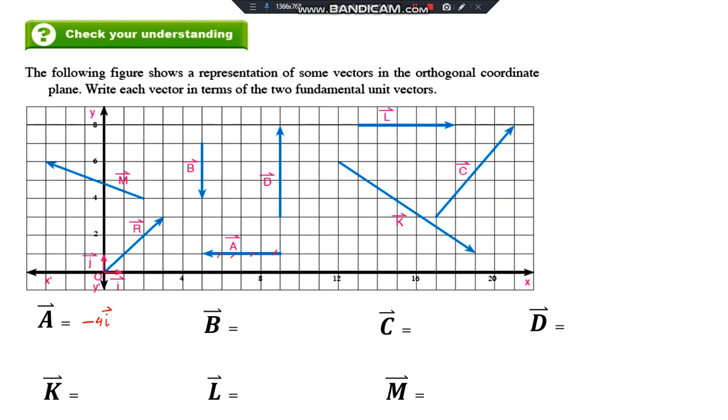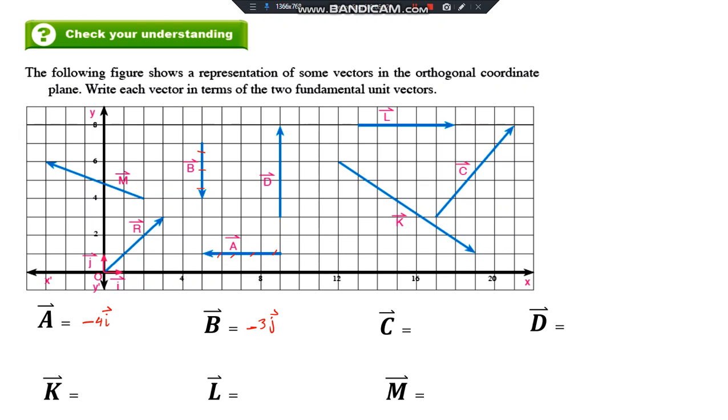And the second one, vector B. Vector B is vertical, so we use the fundamental vector j. It is in the opposite direction of the positive, so it will be negative, and we move down 1, 2, 3 units, so it will be negative 3j.